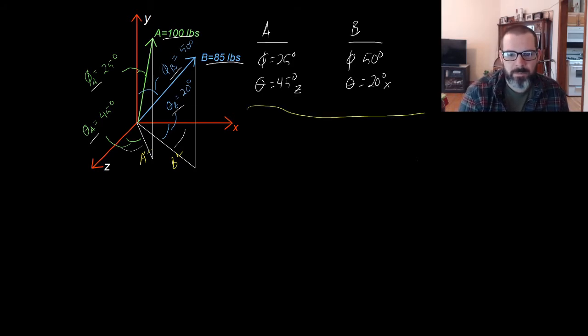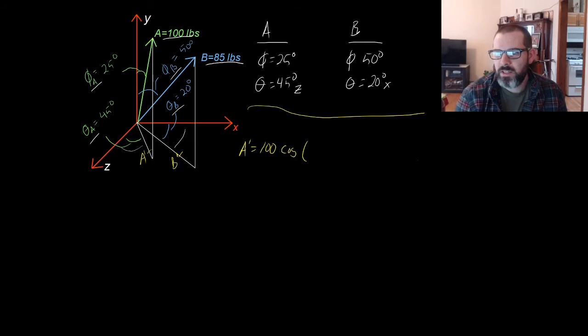So if I do A prime, it is equal to A, which is 100 times the cosine of 90 minus phi.